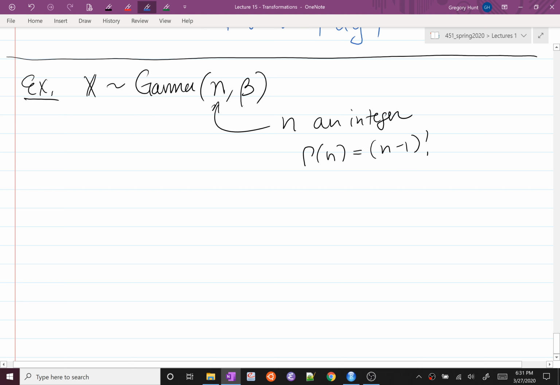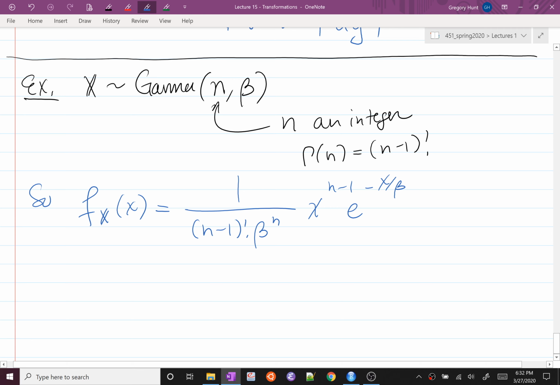And so in this case, our PDF of x, f_X of x, is 1 over (n minus 1) factorial times beta to the n, and we get x to the n minus 1, and we get e to the negative x over beta. So this is, go back, this is true for x bigger than 0.